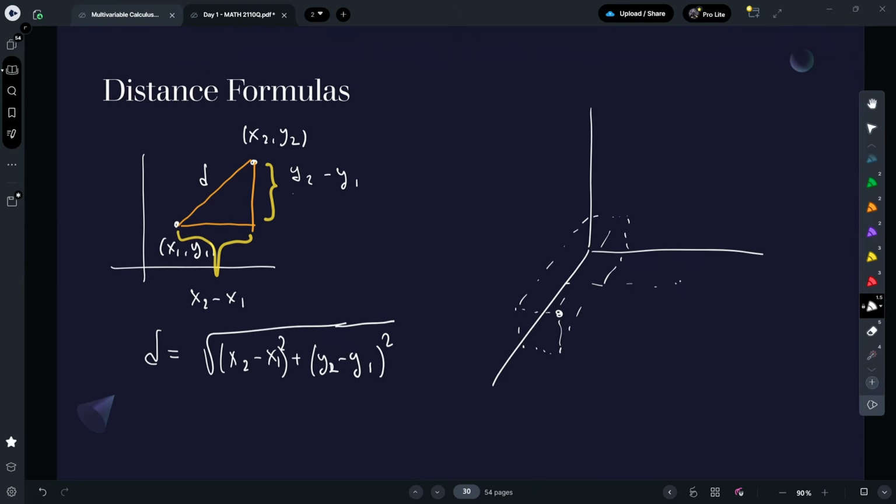And some point that is all the way, let's say, back here. Okay. So how do I figure out what is the distance from here to here?